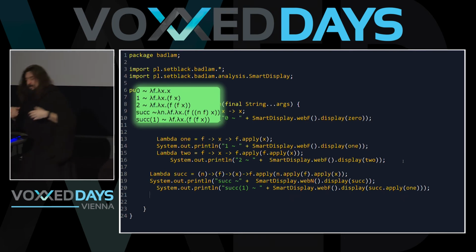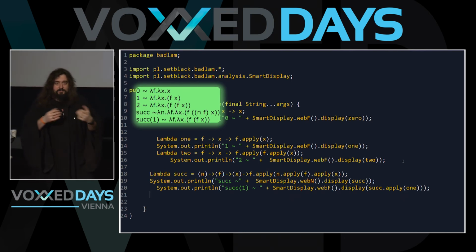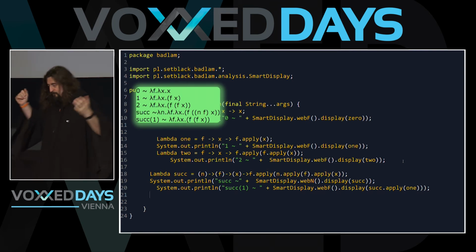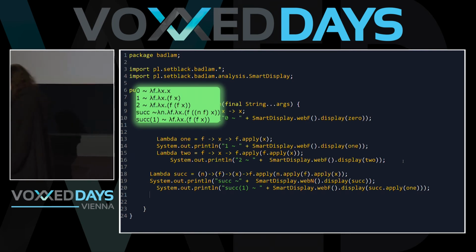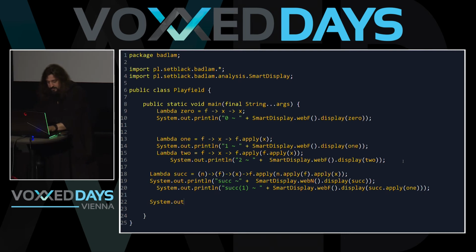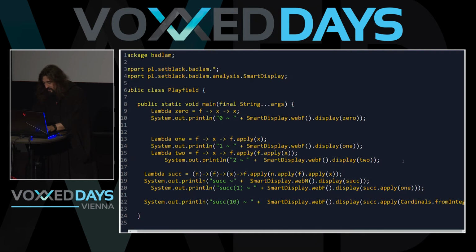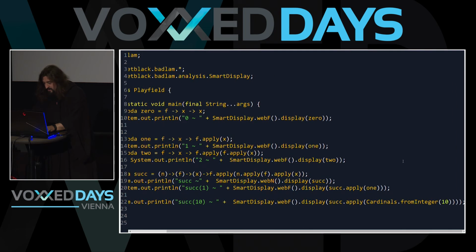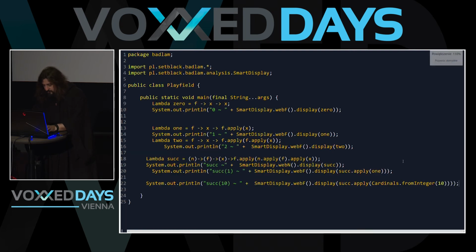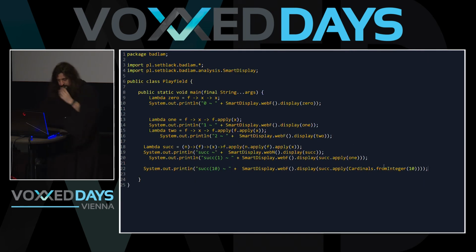It works. So we've created a way to introduce natural numbers. How cool. But natural numbers are only complete when we define other operations. Maybe let's see successor of 10. You will see how it works. And once again, I borrow something from a different world. What does it mean, cardinals from integer?